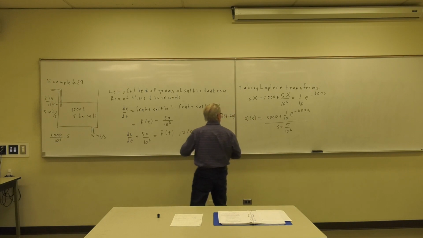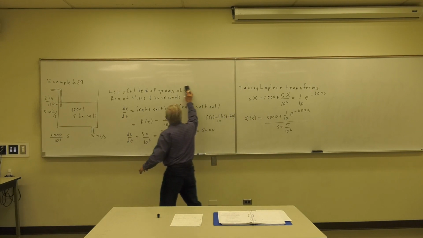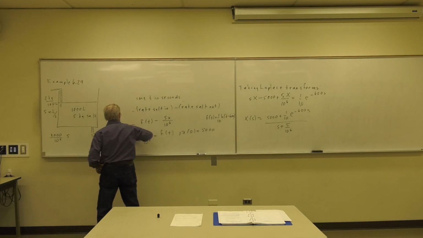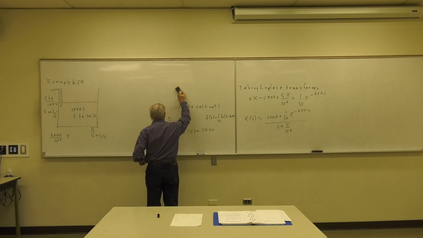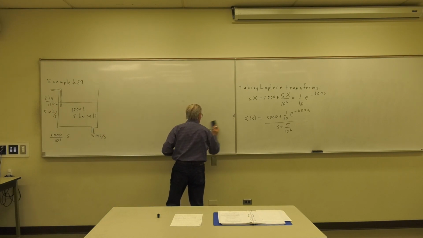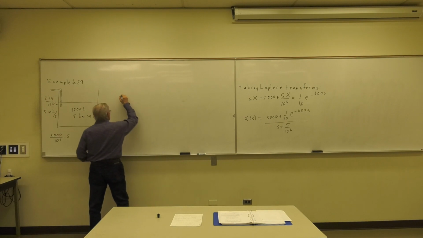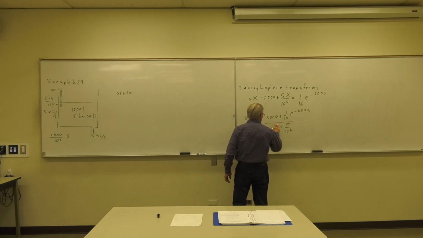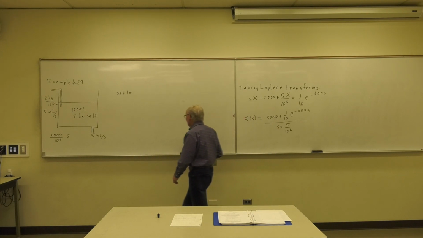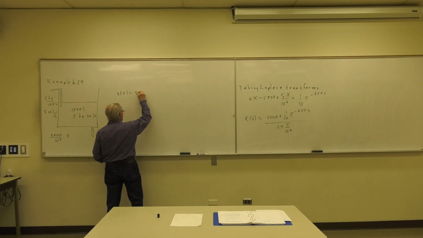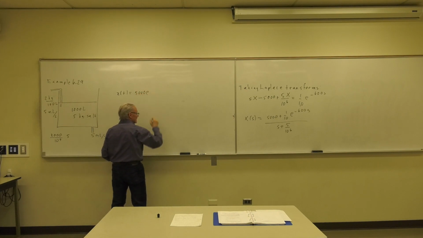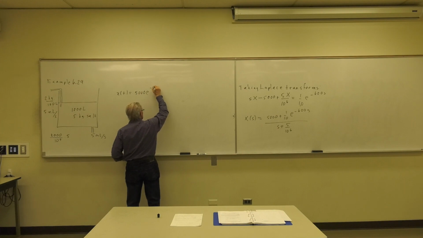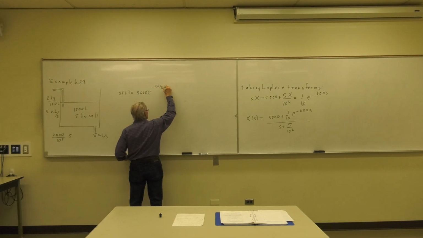So inversion: x of t is equal to this one inverted, 5,000 e to the minus 5t over 10 to the 6.